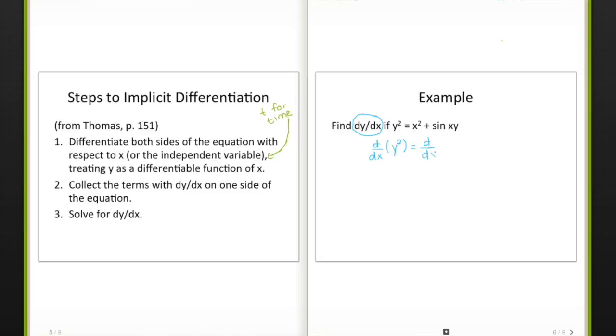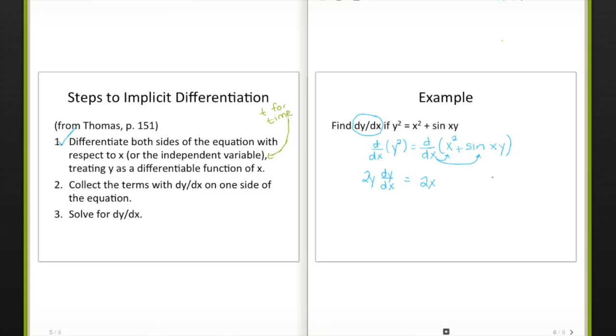Let's look at this example right here. Find dy dx if y squared equals x squared plus sine xy. We're going to start by taking the derivative, d dx, of both sides. If we take the derivative of the left side, we'll get 2y, treating it as a differentiable function of x. And then we put dy dx, reminding us that we are working with that y variable.